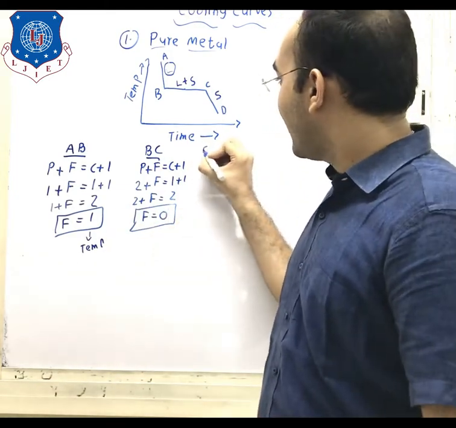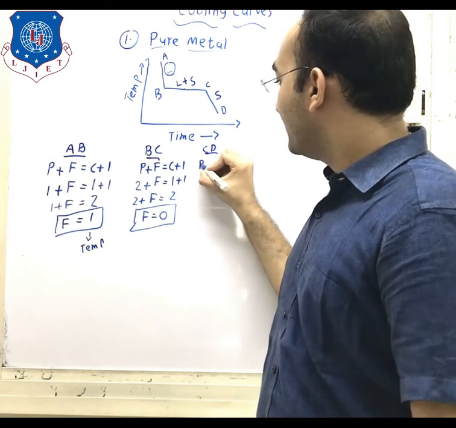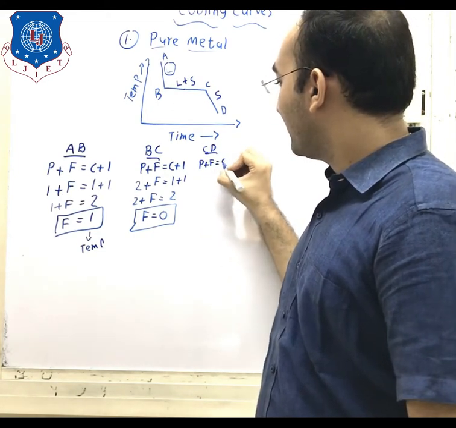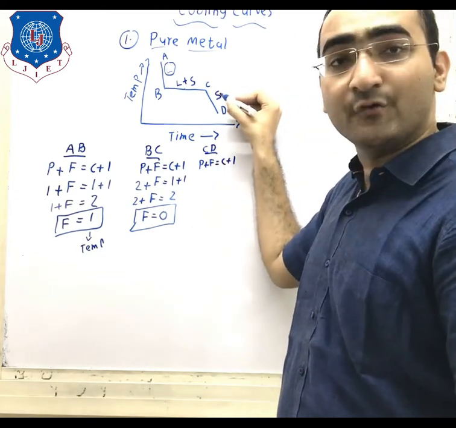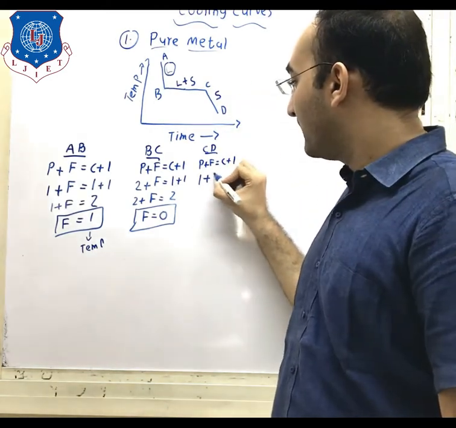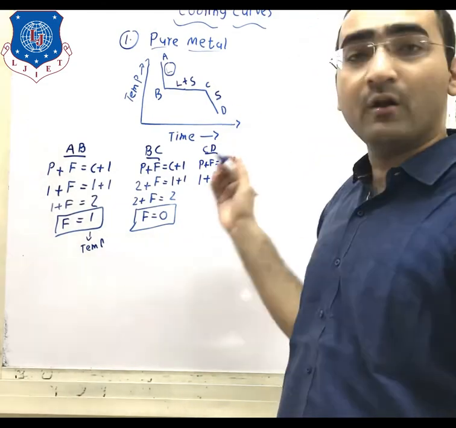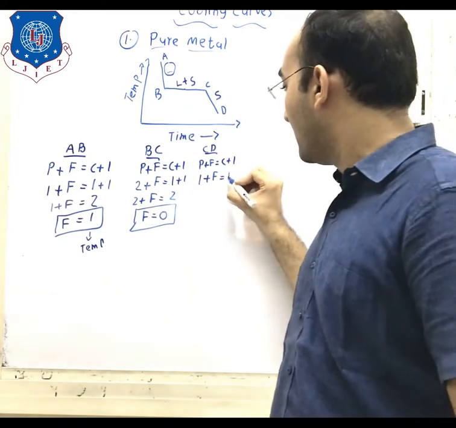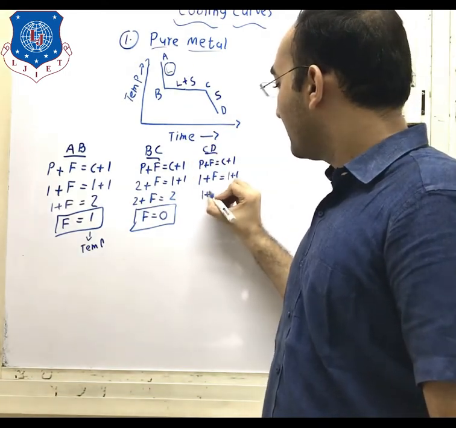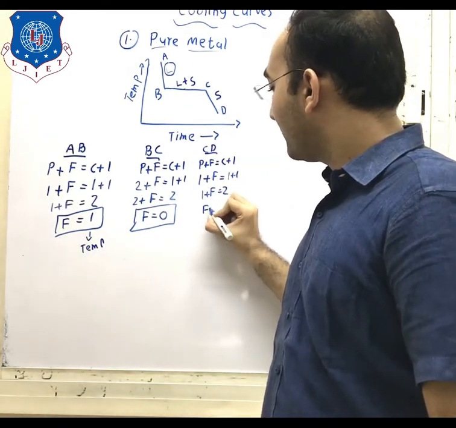And let us see the last region, that is CD. For the CD region, P plus F equal to C plus 1. The phase over here in the CD region is only one phase, that is solid, plus the degree of freedom equal to the number of components. As I told you, for the whole diagram it remains the same, pure metal, that means 1. So 1 plus F equal to 2, so F equal to 1.